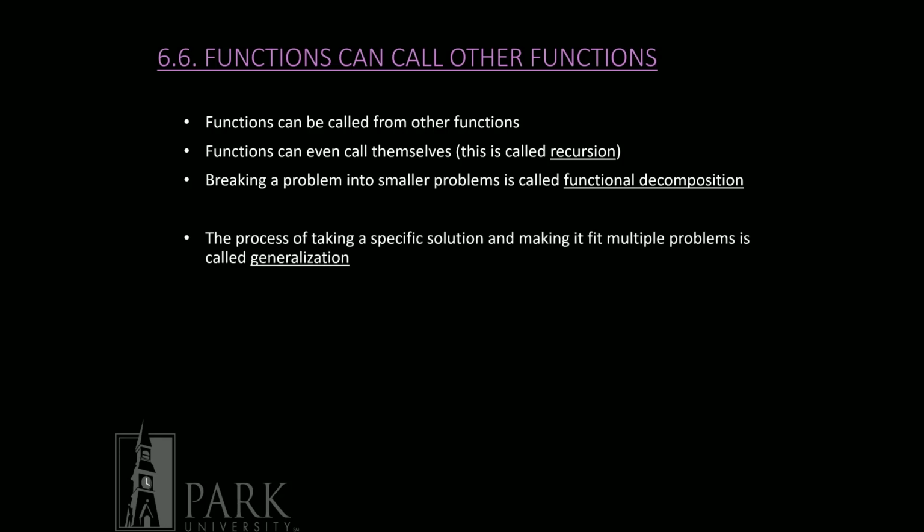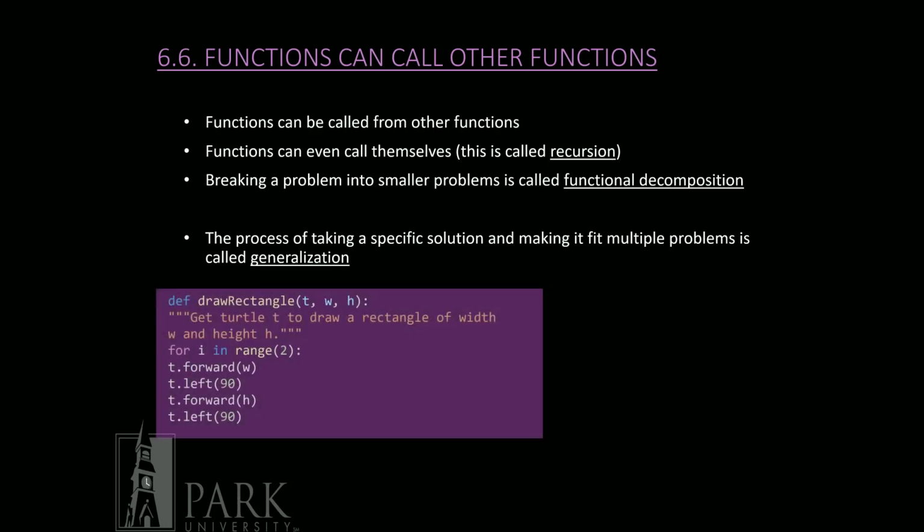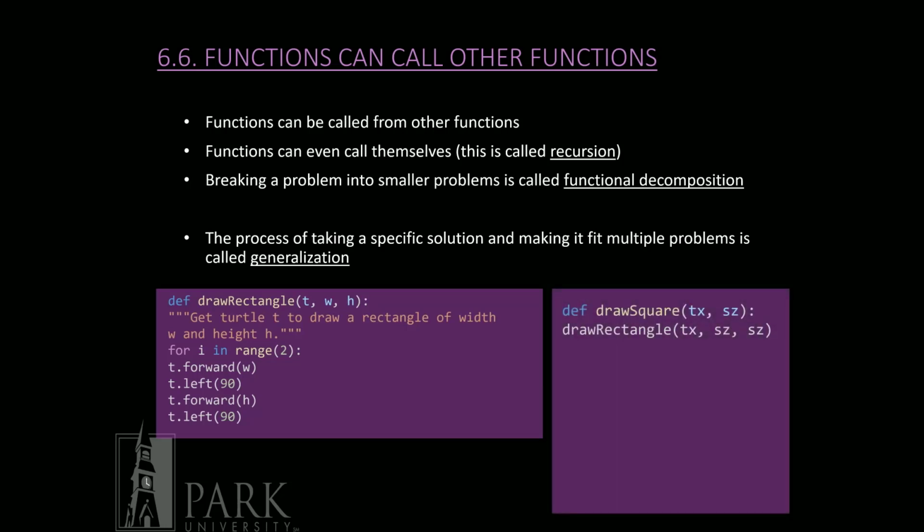And let me show you an example of what I'm talking about. Here we have a function called drawRectangle, in which we are giving the function a turtle, we're giving it a width, and we're giving it a height. Rectangle is the general case, and we also have a more specific case of draw square. Here you can see that we have a generalization where squares are rectangles, but they're a specific thing.